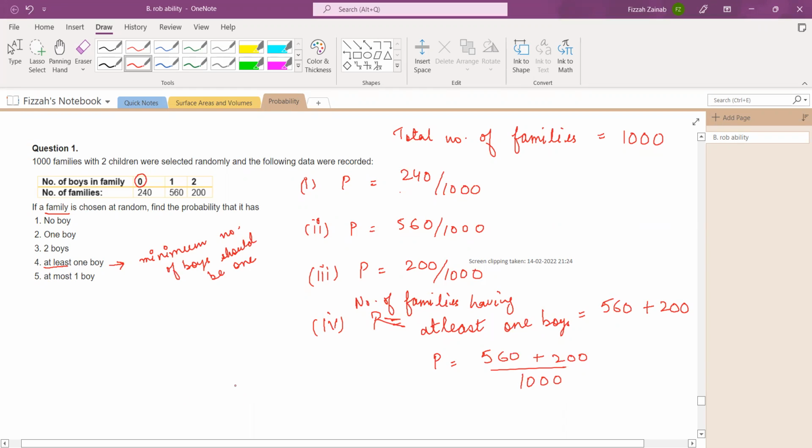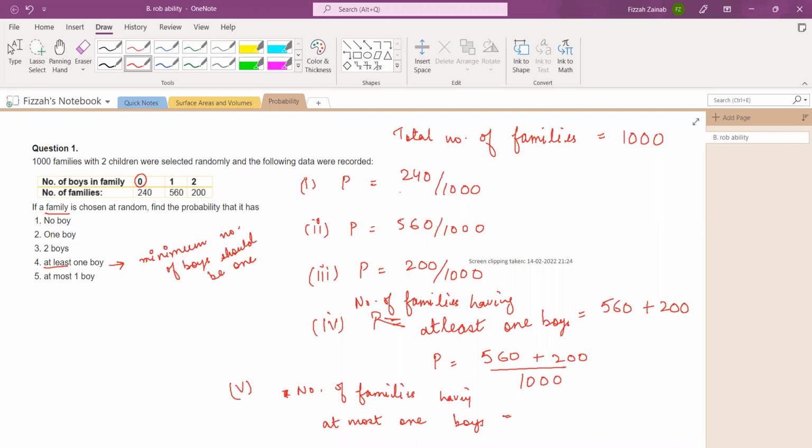Now fifth part. So at most one boy, what does it mean? Now this means at most one boy means the maximum number of boys is one, right? It cannot have more than one. At most one, that is, the maximum number of boys has to be one only. Now it can also have zero boys, but it can also have one boy. It cannot have two boys.